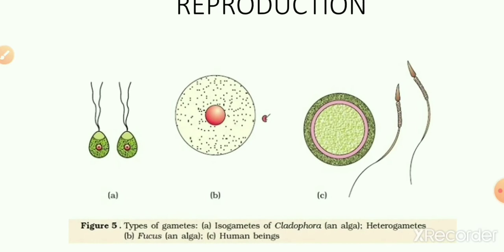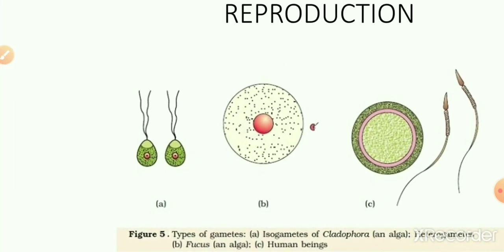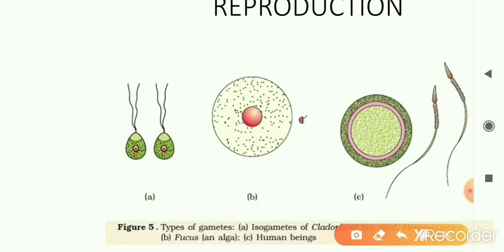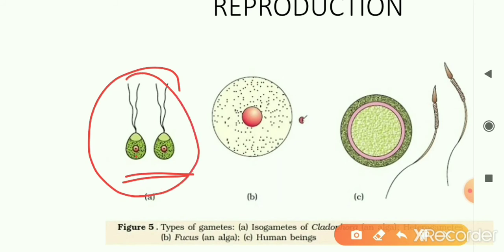In lower organisms, lower animals and plants, the male and the female gametes produced are almost identical. There may be small differences or they may be exactly the same. One may not be able to differentiate.